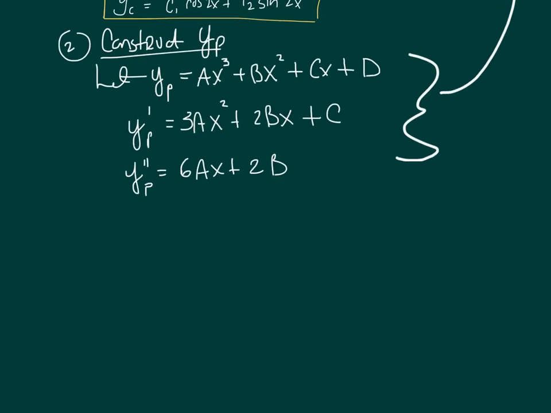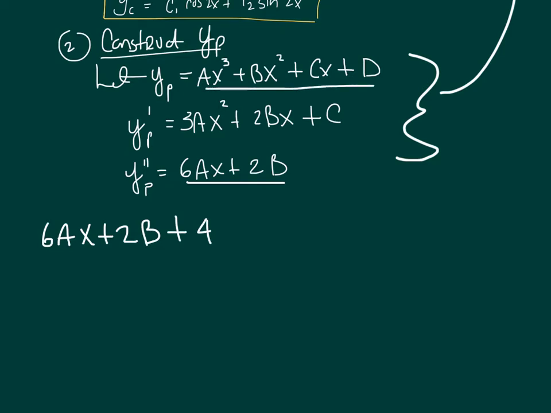Okay, so let's do this carefully. So we have y double prime, well, it's right there. So 6ax plus 2b and plus 4y, so plus 4 times all of that.